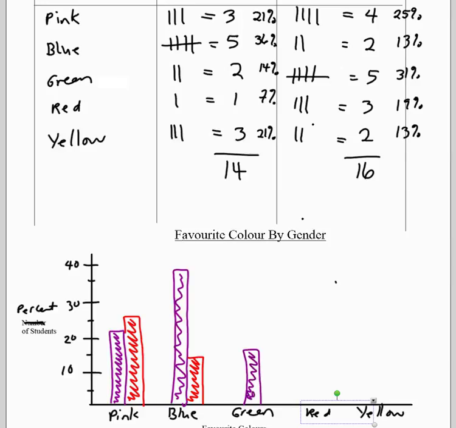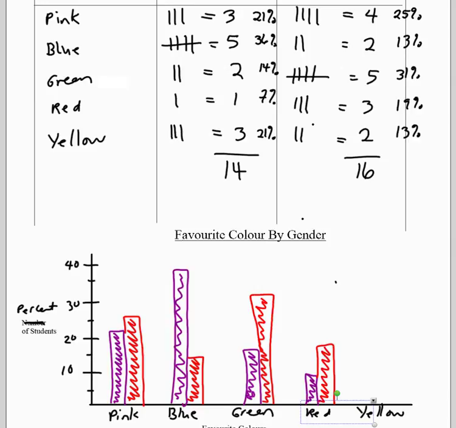And boys, we've got 31%, and so that would be about there. And then red, we've got 7% girls, which would be about there. And 19% boys, which will be about there.